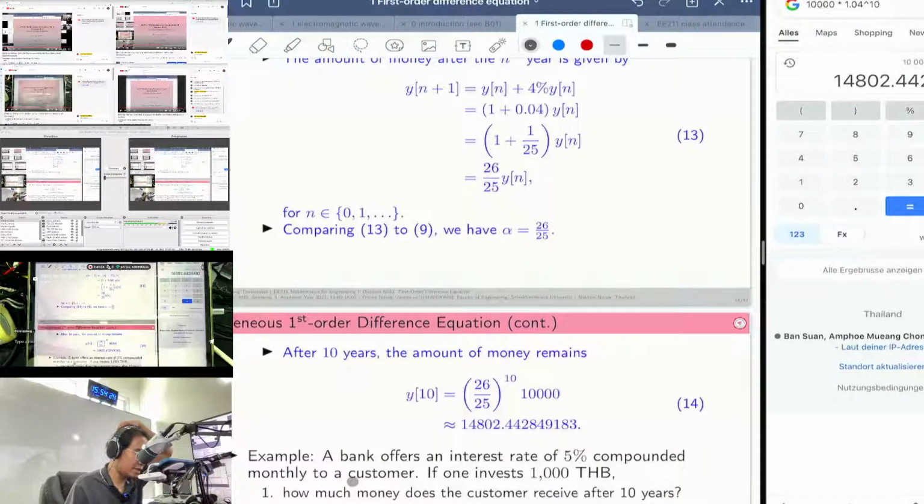It will give you the interest every month by using this offer, 5% compounded monthly interest rate, to any customer. If you have 1,000 Thai baht at hand, how much money does the customer receive after 10 years? The same thing right here, 10 years.